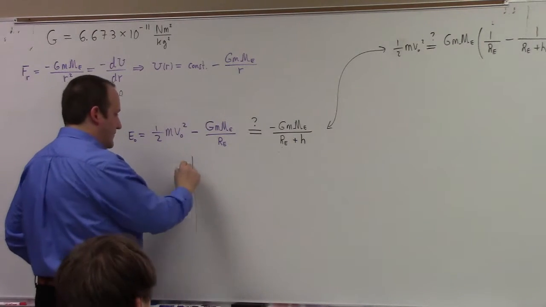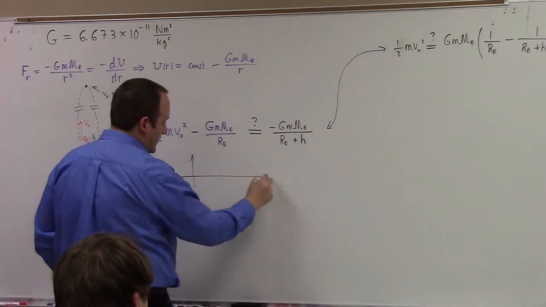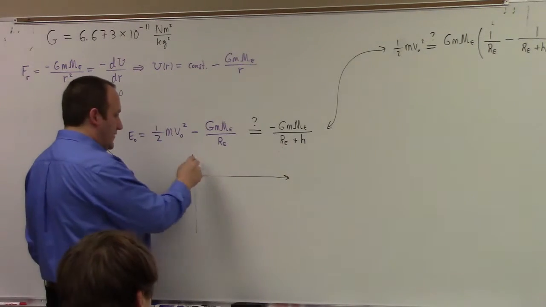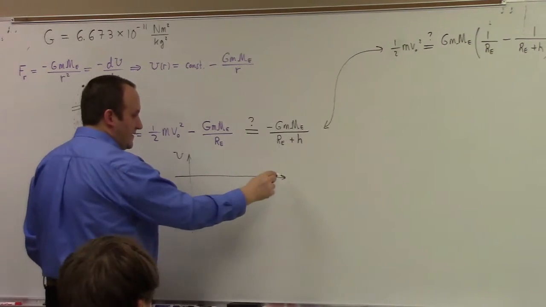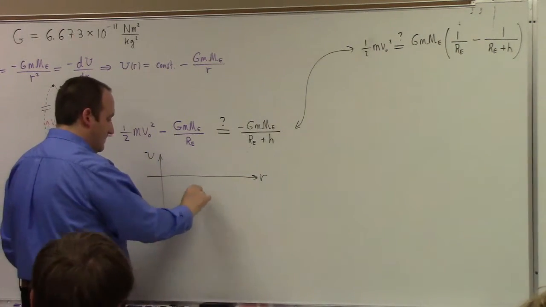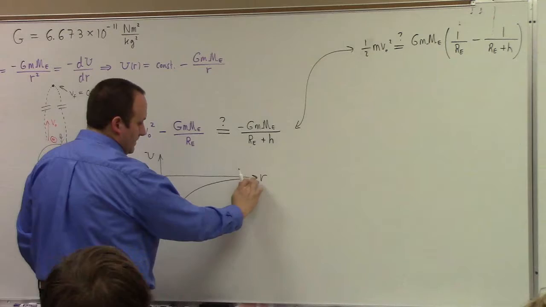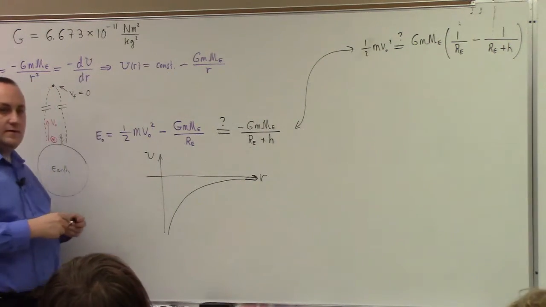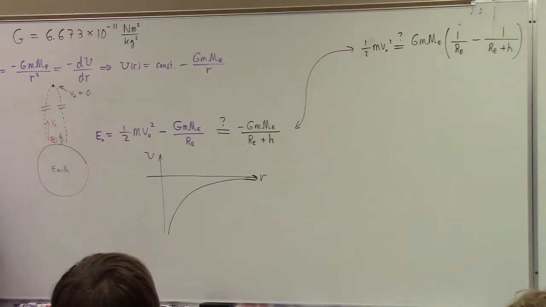Let me draw a graph of what's going on here and show you why there won't always be a solution. If I graph potential energy versus R, it's minus the reciprocal, so it looks like this. The most the potential energy due to gravity can ever be in this current setup is 0.